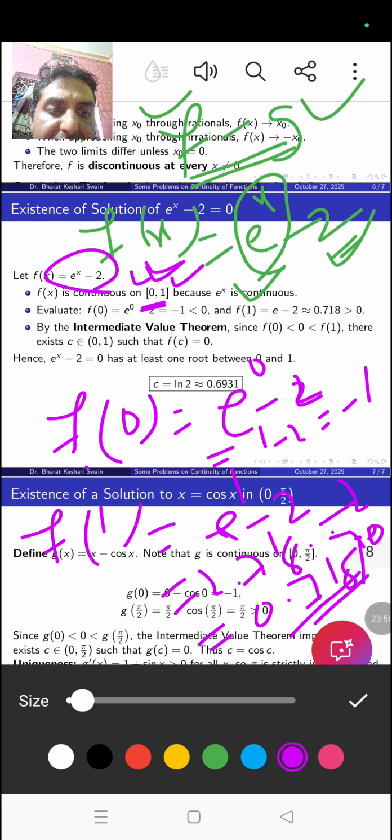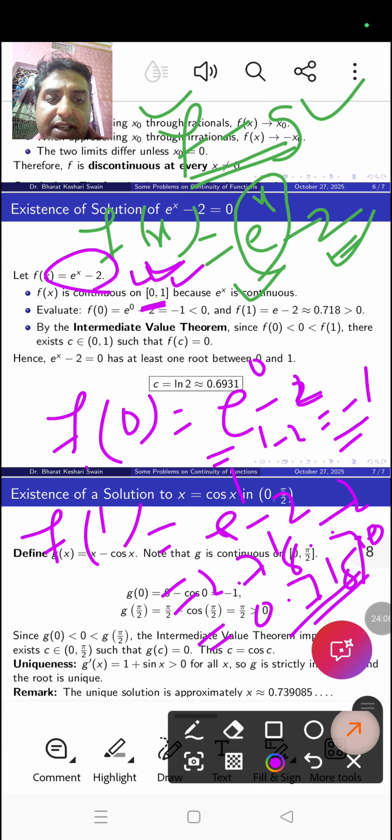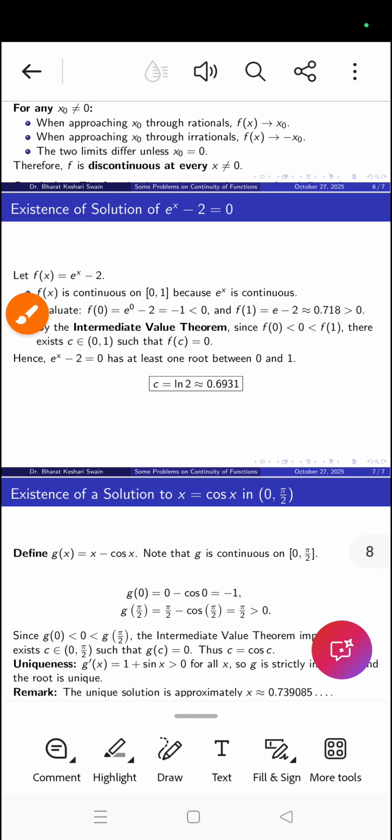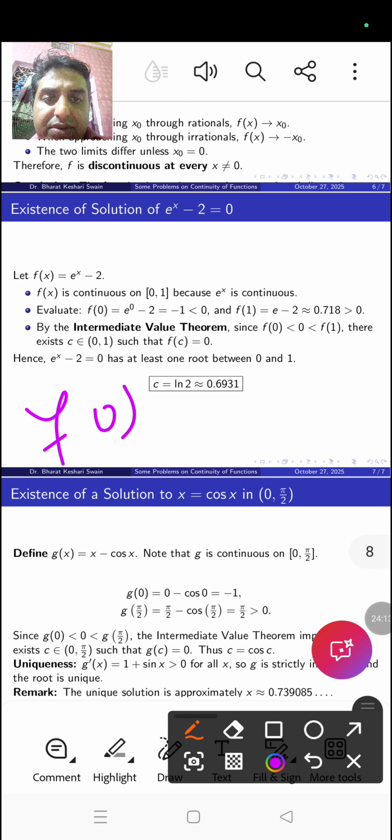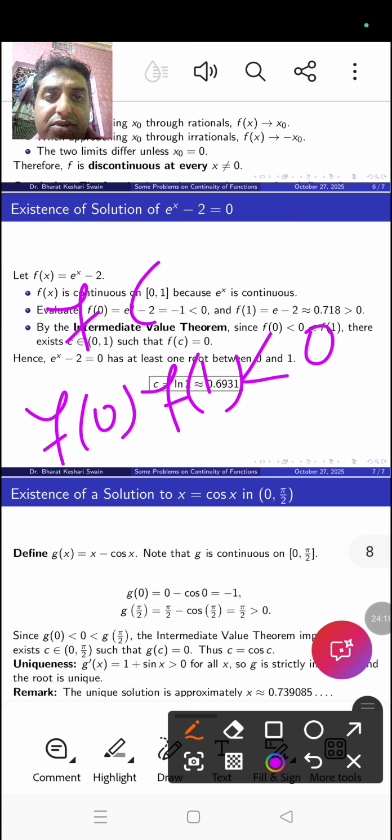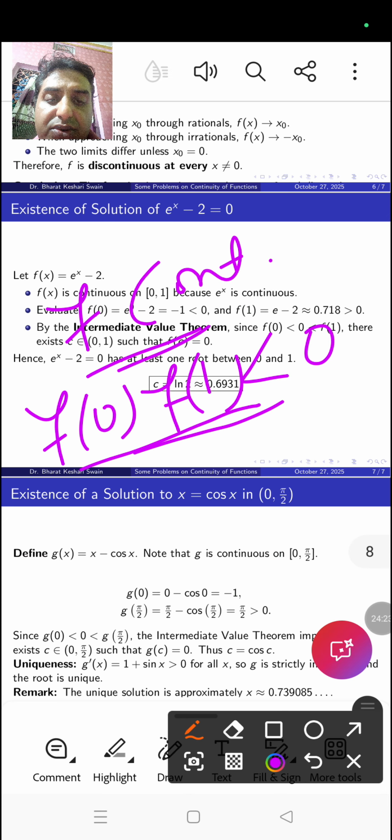So it is positive, and f of 0 is negative, so they have opposite signs. Therefore we can write f of 0 times f of 1 is less than 0, and f is also continuous. So by the intermediate value theorem, we can say there is a root in between 0 and 1.